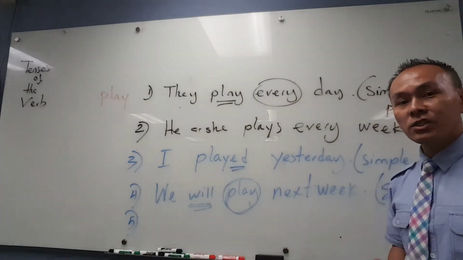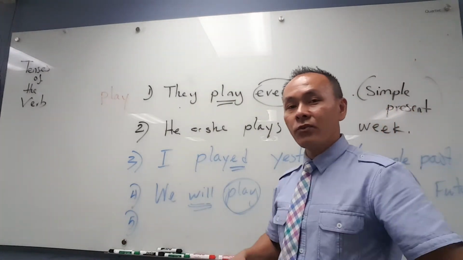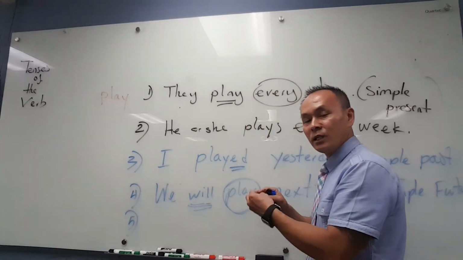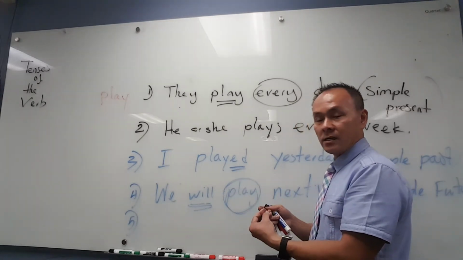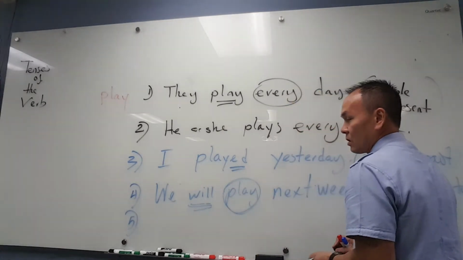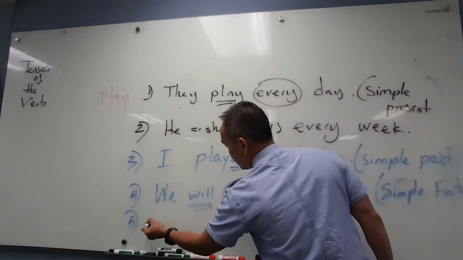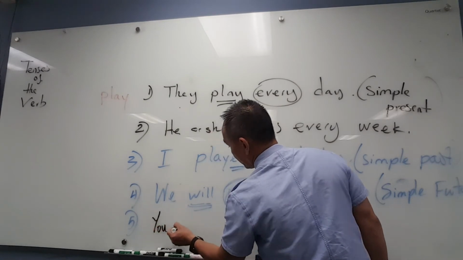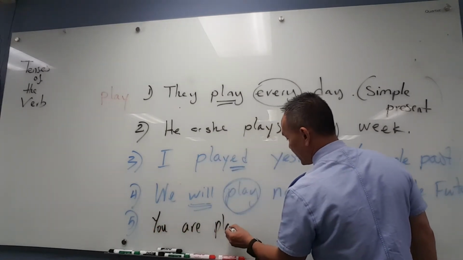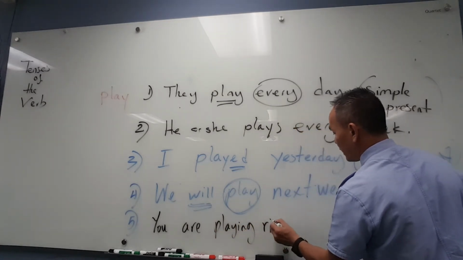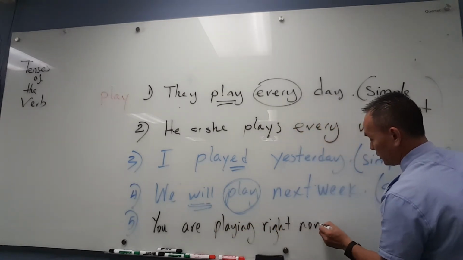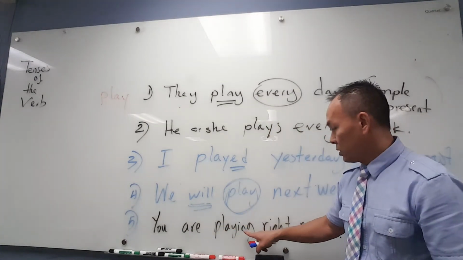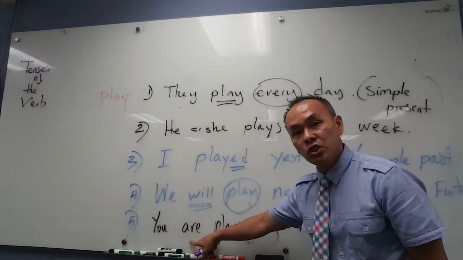Okay? Now, then you can change to present progressive. Like for example, at this moment, at this time, at this present day, at this present week, you have to use present progressive. So when you use present progressive, let's say we say you are playing right now. Okay? So when it's present progressive, you have to change the verb to ing plus to be.